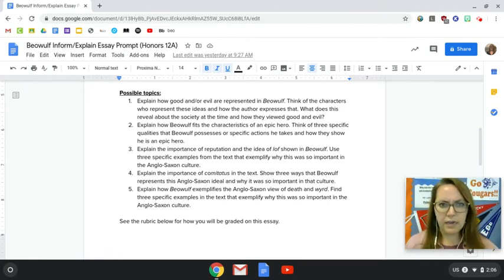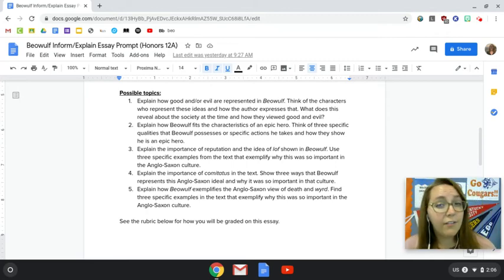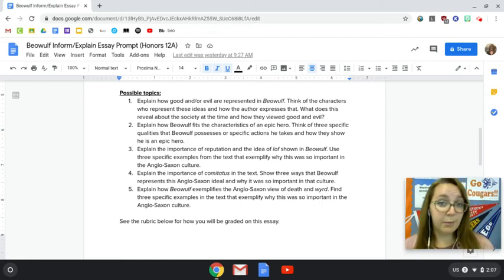Number 3, explain the importance of reputation and the idea of loss shown in Beowulf. We've talked about it over and over. Use 3 specific examples from the text to explain why it was so important at the time. Number 4, explain the importance of comitatus, and I don't know if my pronunciation is right. It's probably not.